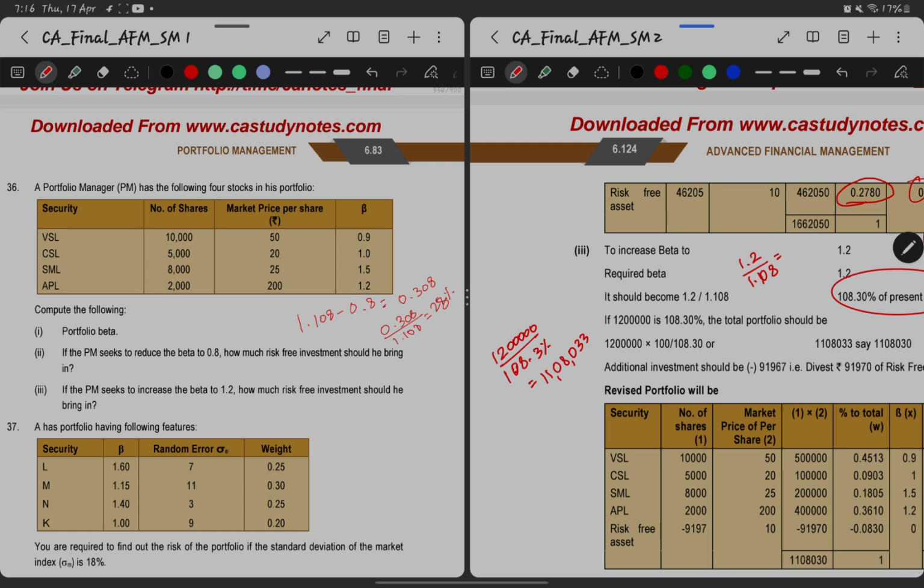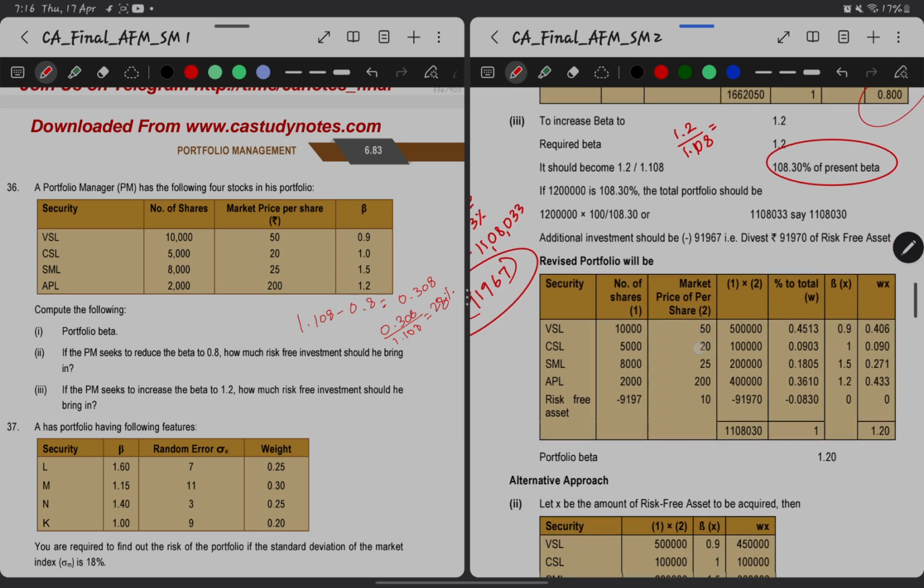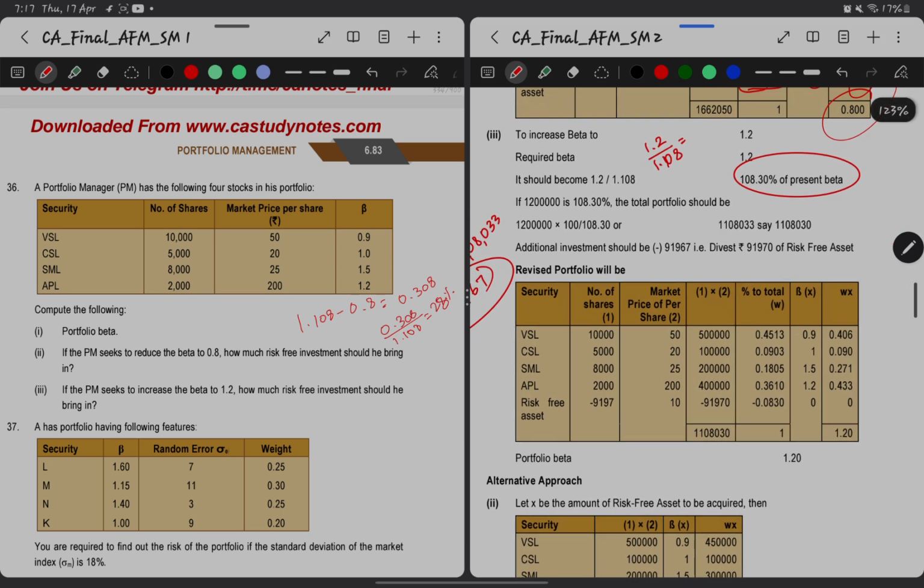So actually if we can see here, the portion is reduced from 12 lakh to 11 lakh, a 91,967 reduction, which means this much portion of risk-free assets we have to eliminate from our portfolio. If we eliminate, then the revised portfolio beta will become 1.2.